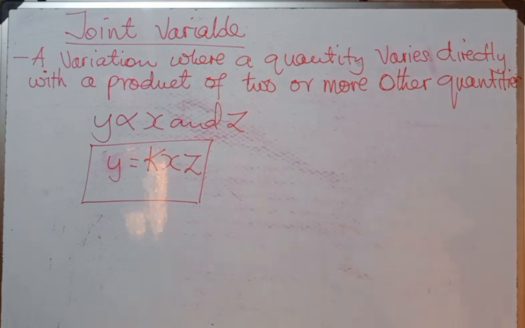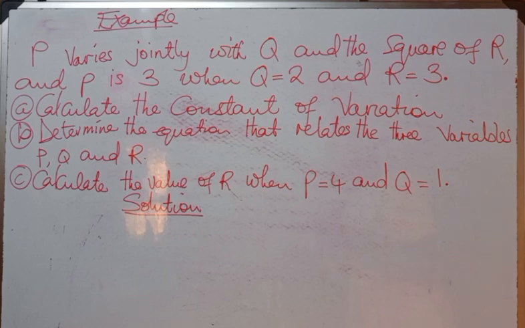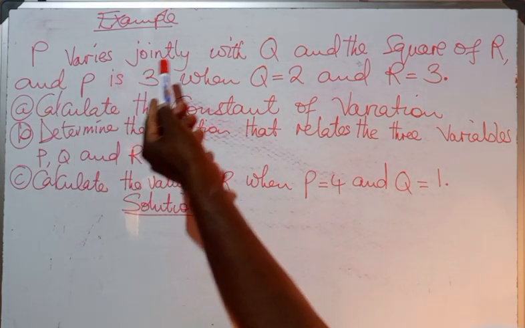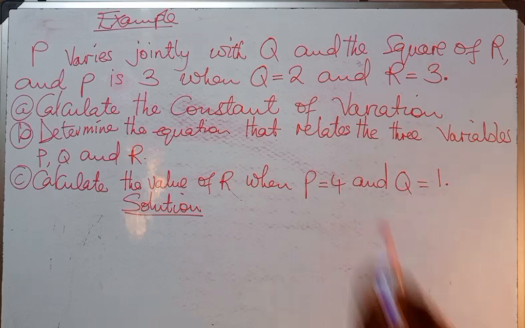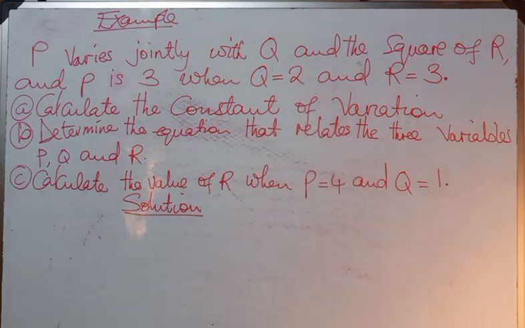Let us look at one example based on a joint variation. Example: P varies jointly with Q and the square of R, and P is 3 when Q is 2 and R is 3. The question is to calculate the constant of variation.